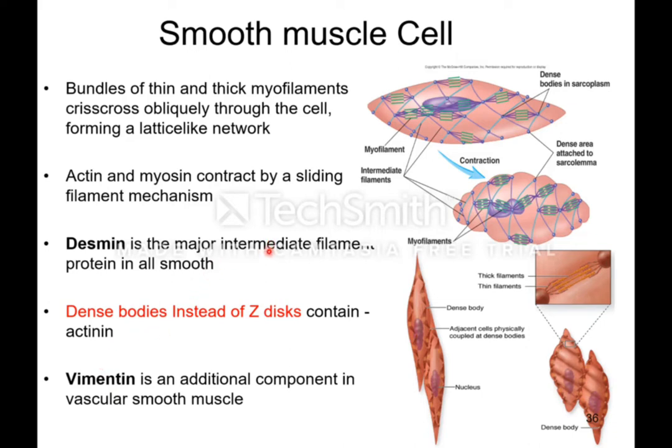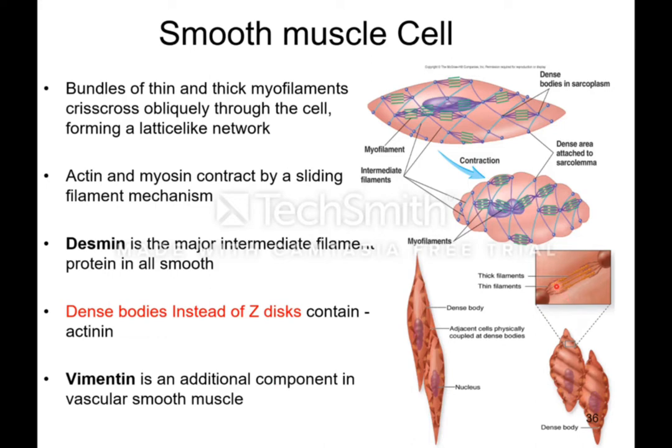They are a type of intermediate filaments that you know about in the cells. Desmin is located in the smooth muscle, and vimentin is also located in the vascular smooth muscle.